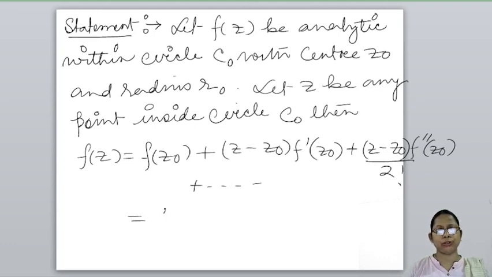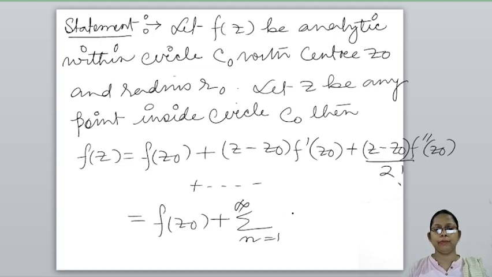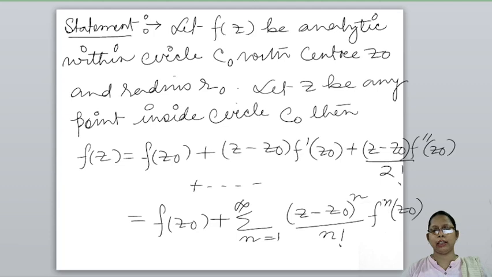Using summation notation, this can be written as f(z naught) plus the sum over n from 1 to infinity of (z minus z naught) to the power n by n factorial times f superscript n of z naught, that is the nth derivative of the function f at z naught. That is, if f(z) is analytic within circle C naught with center z naught and radius R naught, and z is any point inside C, then f(z) can be represented by an infinite series of the form given by this series.